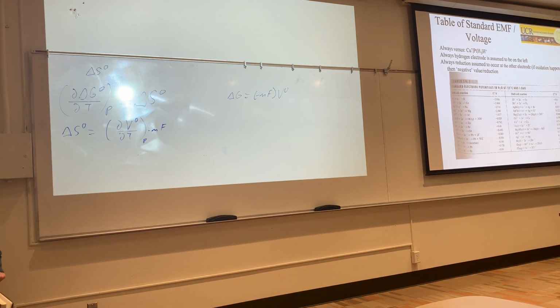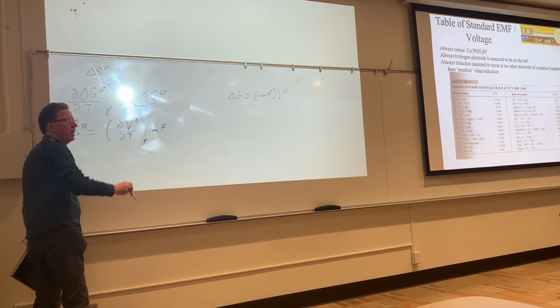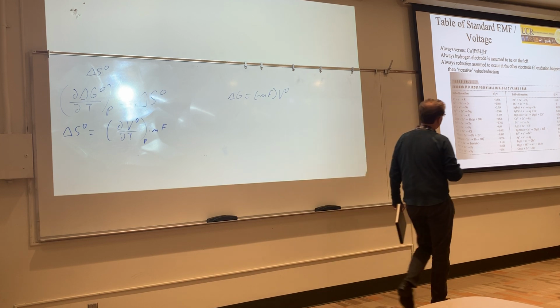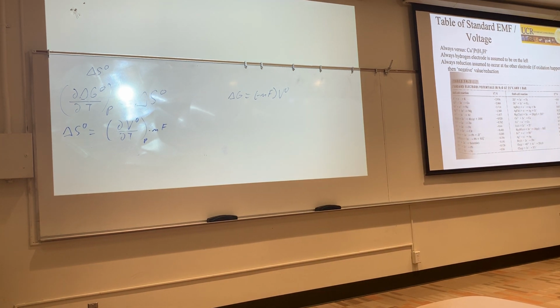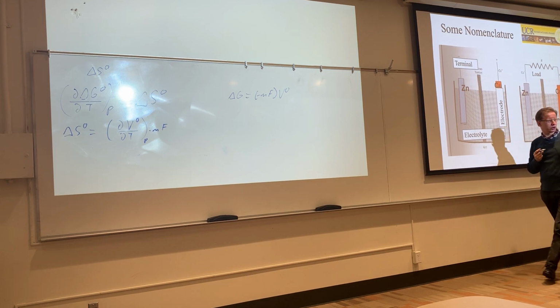So, if you want to know what the entropy change is in the reaction which we just looked at, we look at the Daniel cell again, if you wish. What is the change of entropy if I dissolve the zinc and take the copper ions out of the solution?